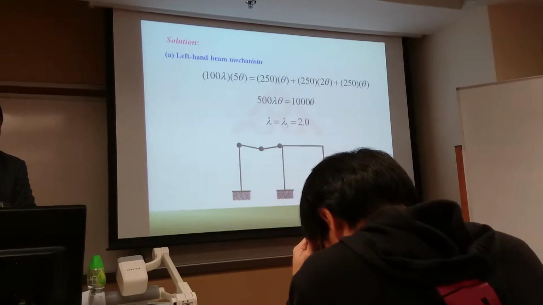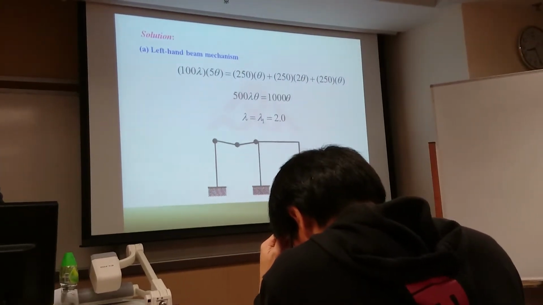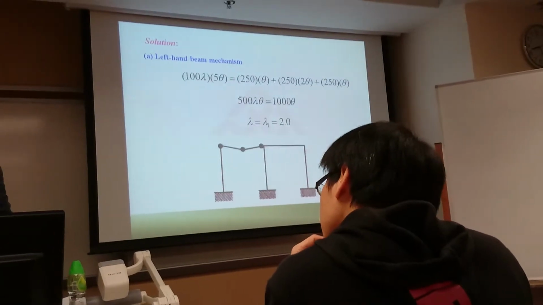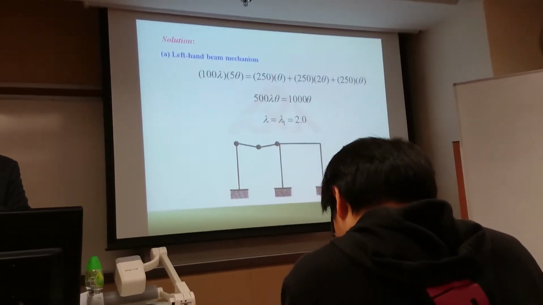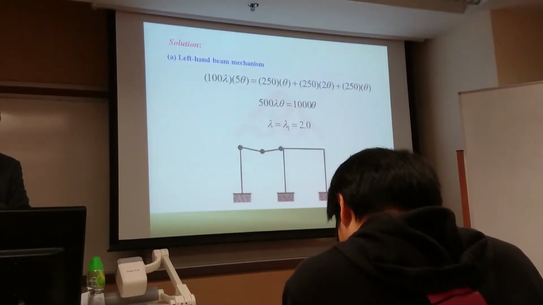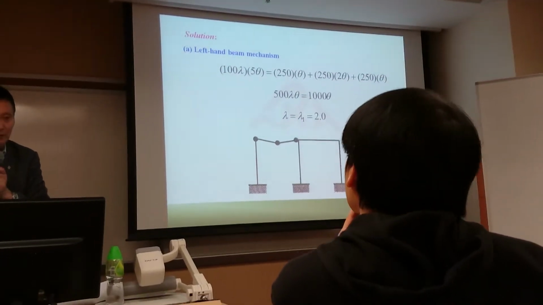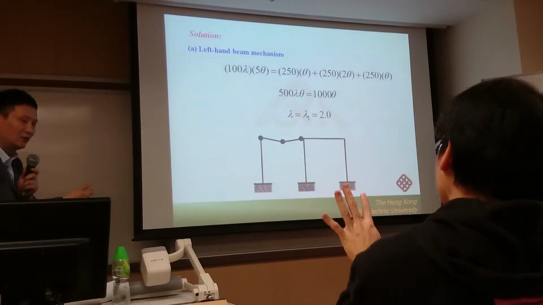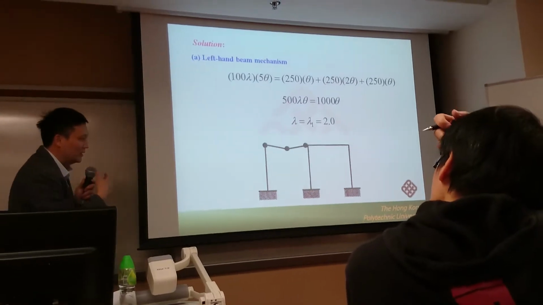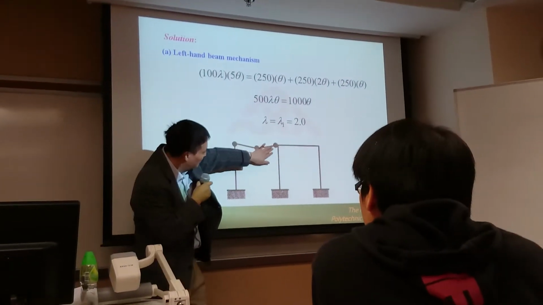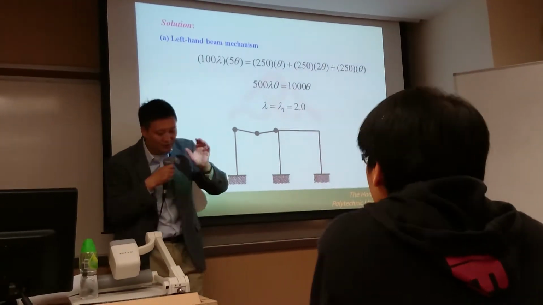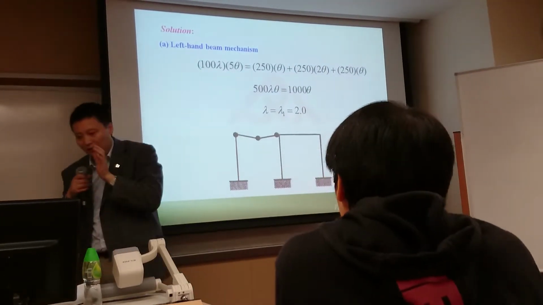So please understand, in this case, even if the plus moment for the column is less than the plus moment for the beam, you still have to take the plus moment for the left beam, because now the plus hinge is at the left beam. It's not at the column, it's at the left beam. And the connection between the column and the right beam is still rigid connection. So only beam.